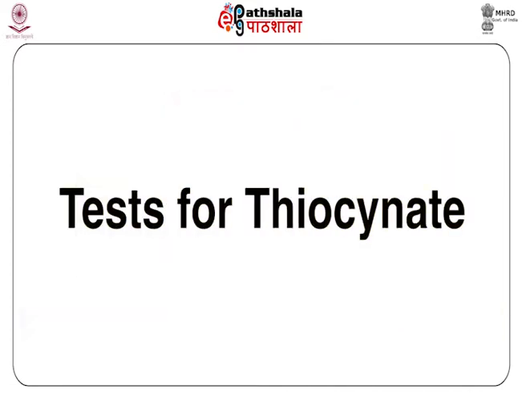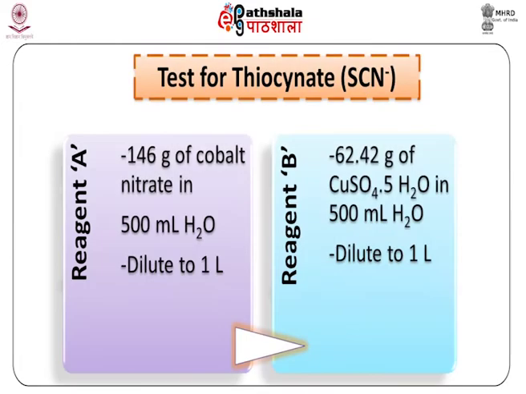Tests for thiocyanate. To test the presence of thiocyanate in the given sample, firstly, we have to make the following two reagents. Reagent A is prepared by dissolving 146 grams of cobalt nitrate in 500 milliliters of distilled water and then diluting it to 1 liter.